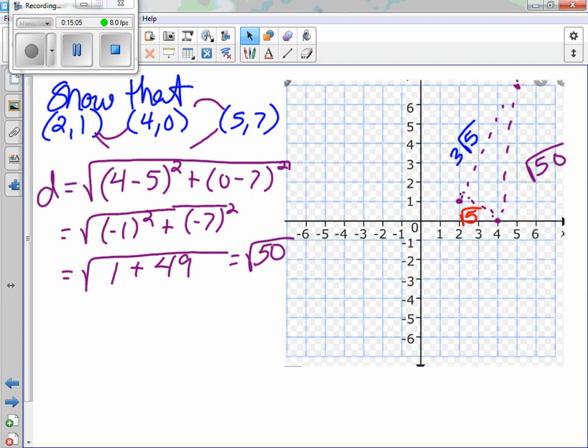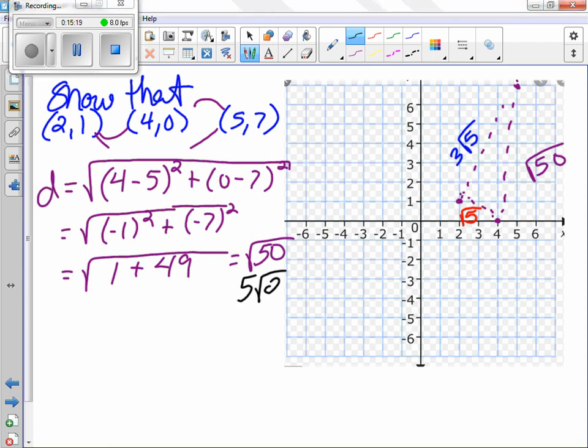Convert that to a decimal. So the square root of 50, it's actually 5 square root of 2, about 7.07. Or 3 square root of 5. See what it is.